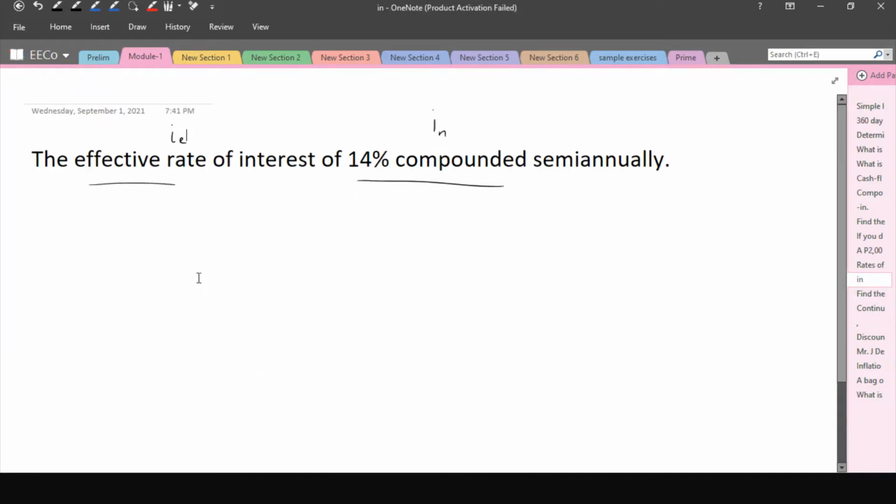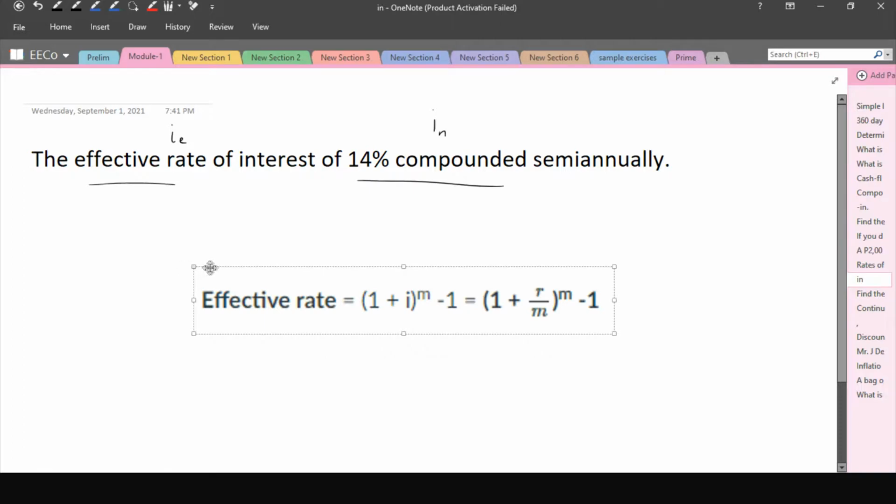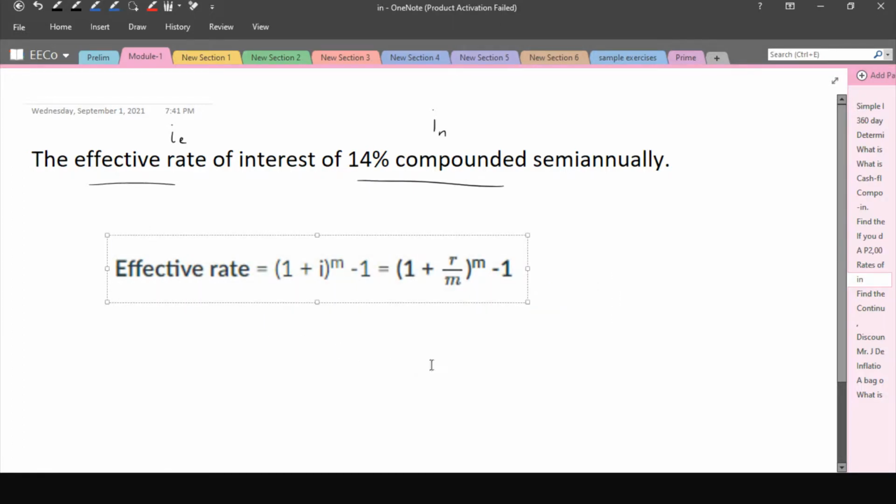Simplify natin. Okay. Effective rate. So, I E is equal to 1 plus I E raised to N minus 1. And this is equal to 1 plus R M raised to N minus 1.